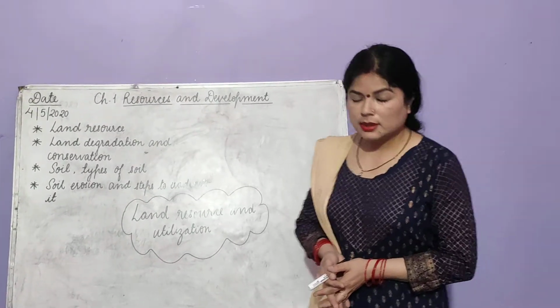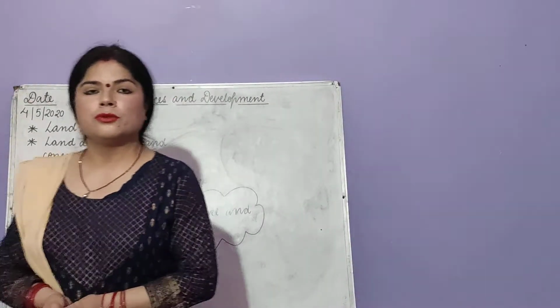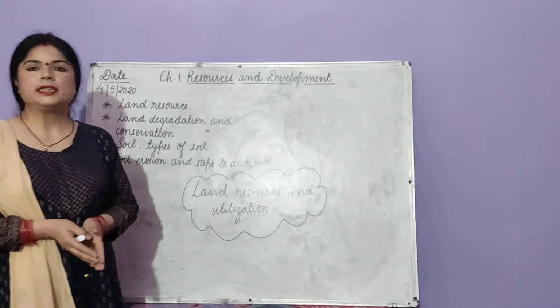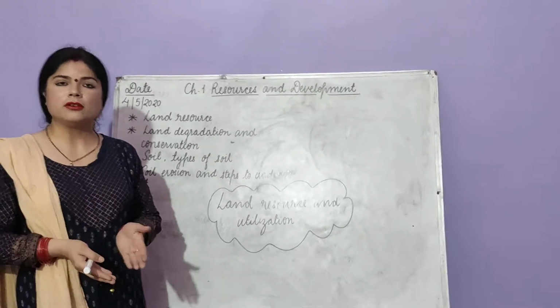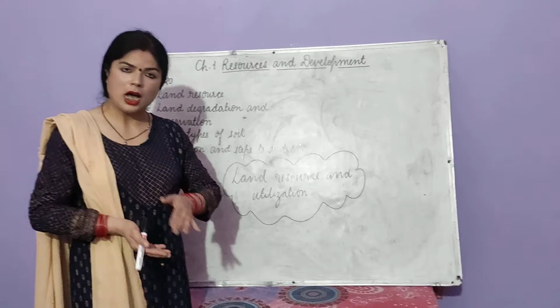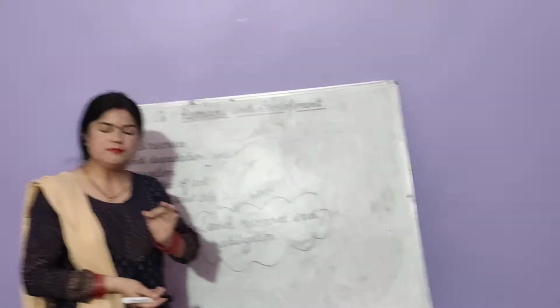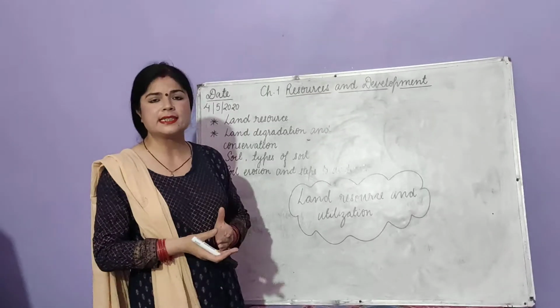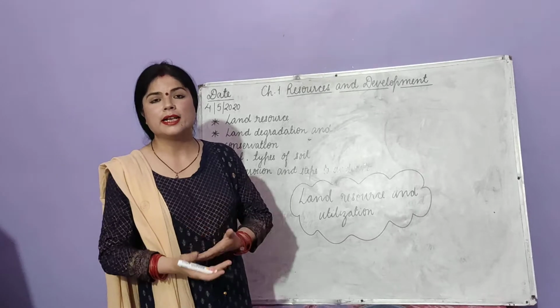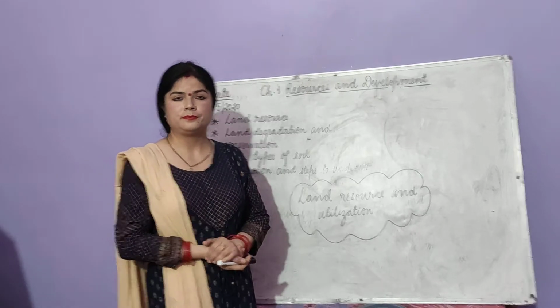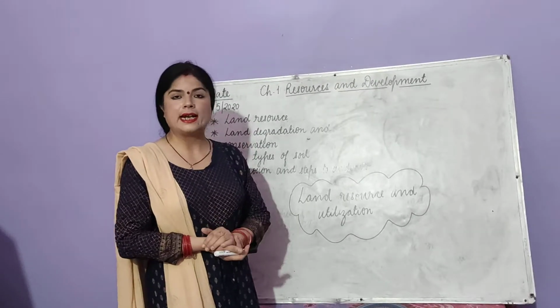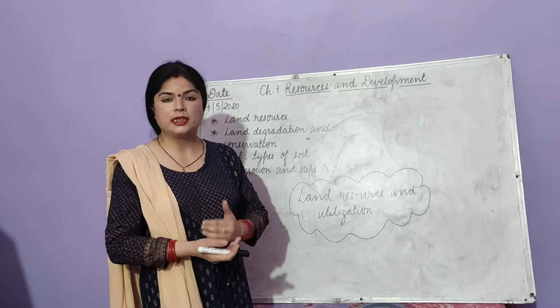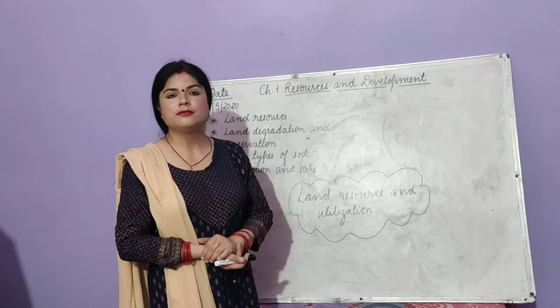Land resource is a very important resource for each and every living thing, even for non-living things also. How? The first or the major importance of land is it gives us a kind of support. Without land, we cannot imagine that we can have a very good life.